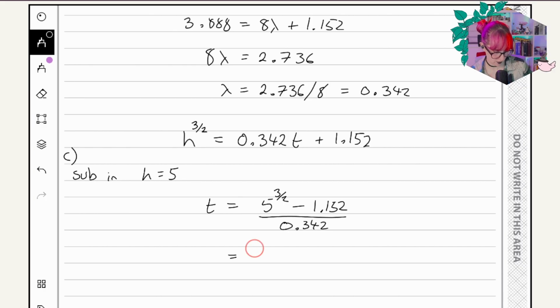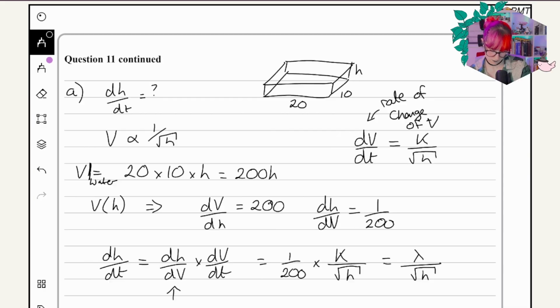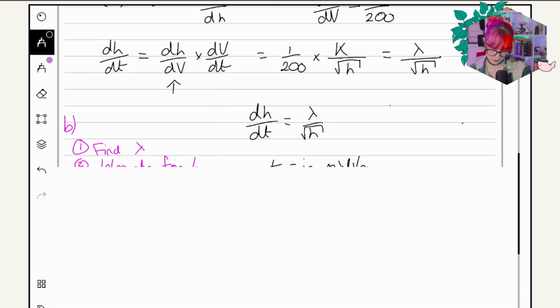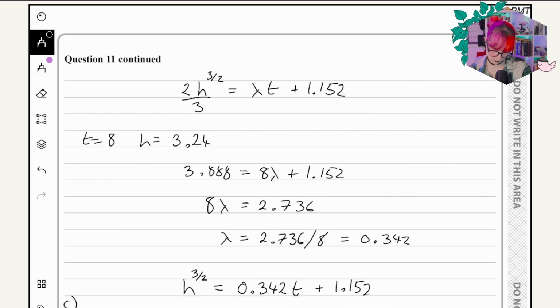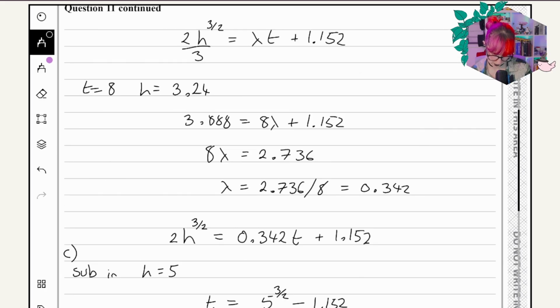Which is... not right. Oh, for some reason I just decided that we didn't need a 2 over 3 in front here.